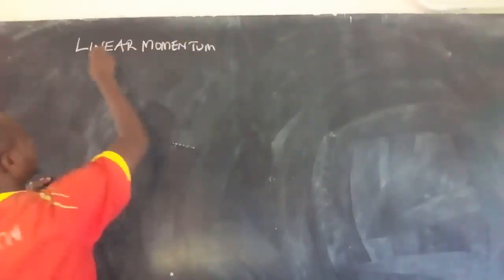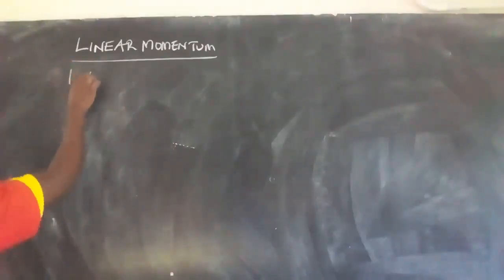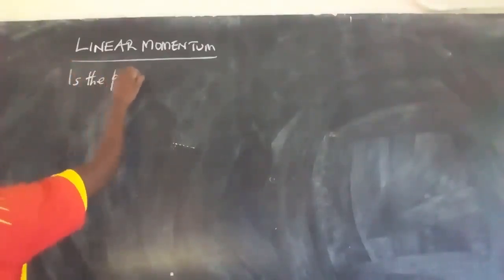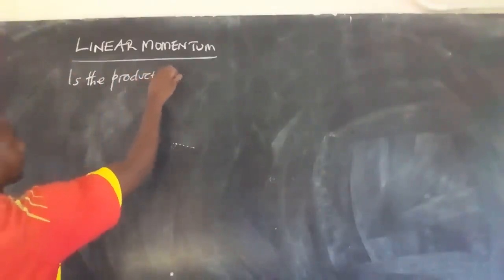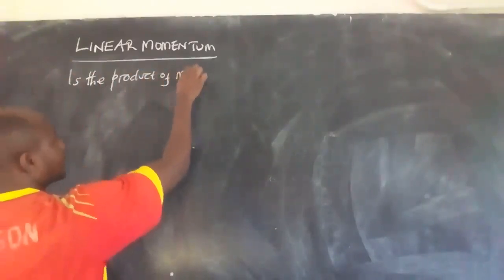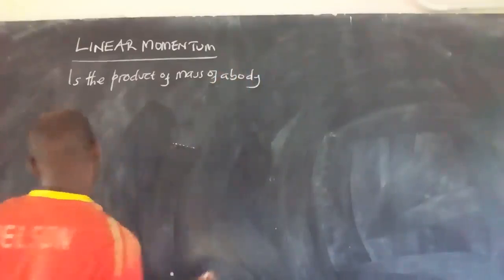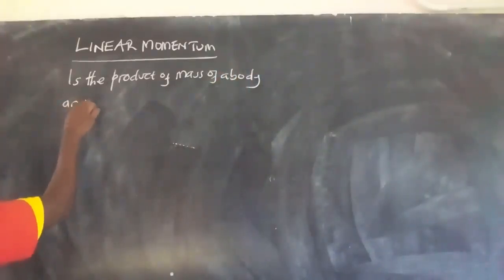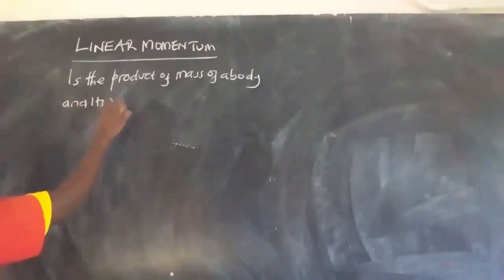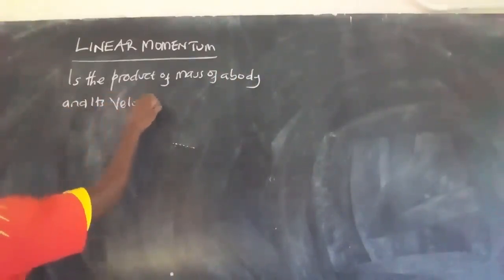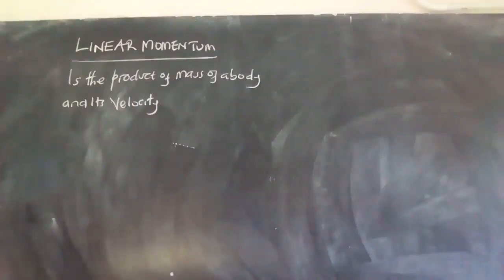Linear momentum, we shall say, is the product of the mass of a body and its velocity, for a body moving in a straight line.